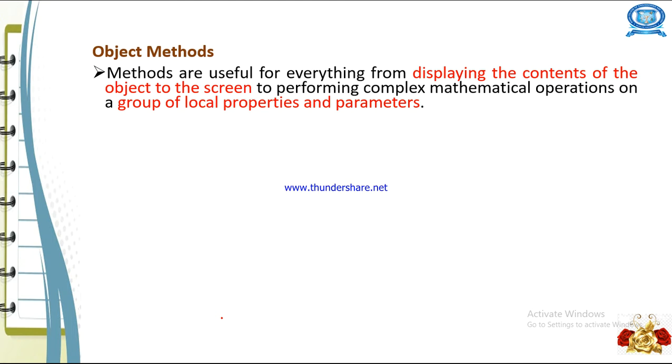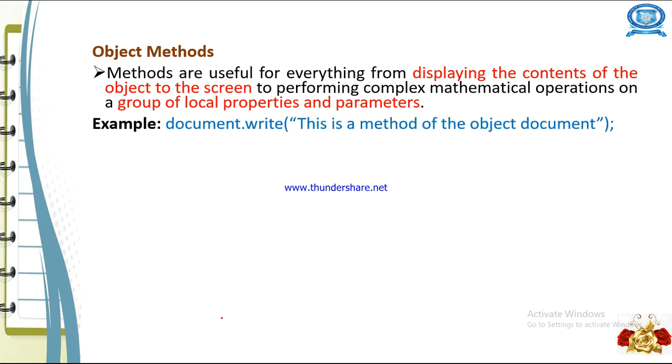For example, document dot write is a method. It is the output statement. By using this statement, you can display content. Within brackets, in double quotation marks, you give any message.